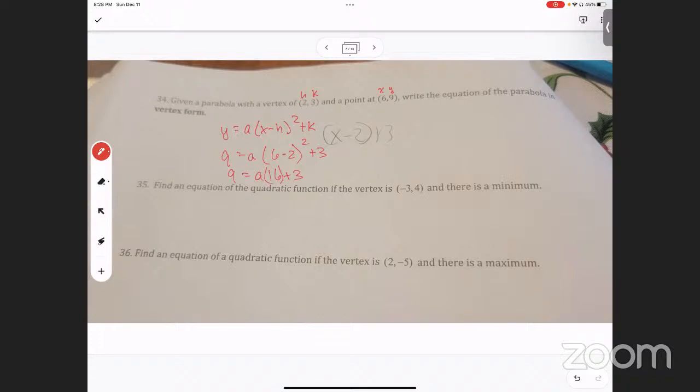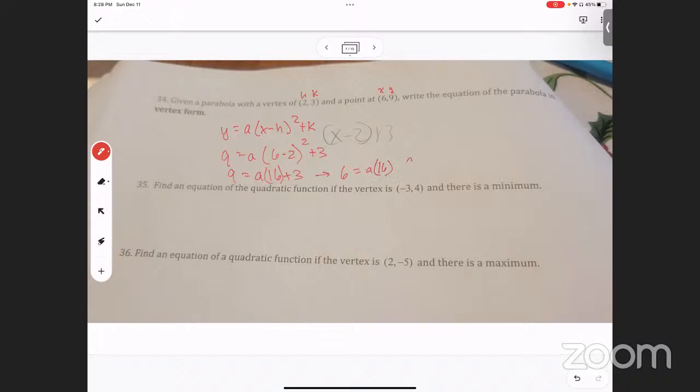Now, how do I solve that for a? You divide. Not yet. I subtract 3, right? Yeah. So 6 equals a times 16.